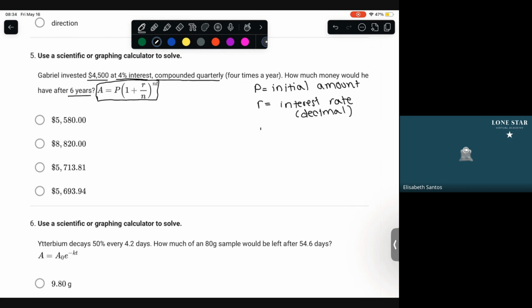And then N represents how many times it's compounded in a year. Okay, and then what else do we have? We have T, which represents time, and in this case, it's going to be the number of years. And then capital A just represents the final amount, so what you end up with after T time has passed.